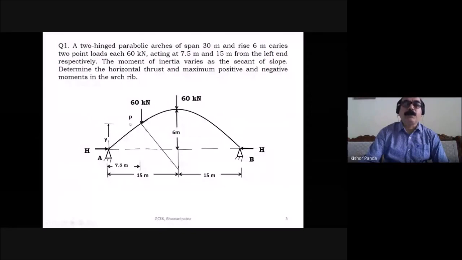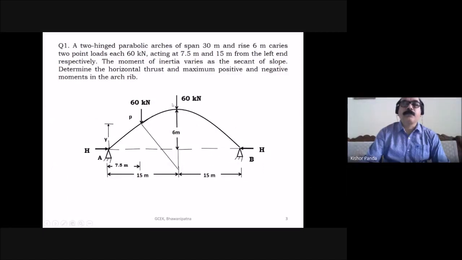So this is your parabolic arch, and the span of the arch is given as 30 meter and the rise is 6 meter. It carries 2 point loads, each 60 kilonewton, acting at 7.5 meter and 15 meter from the left end respectively. So this is your right hand and this is left hand. From the left end, at a distance of 7.5 meter, you have one concentrated load of 60 kilonewton.